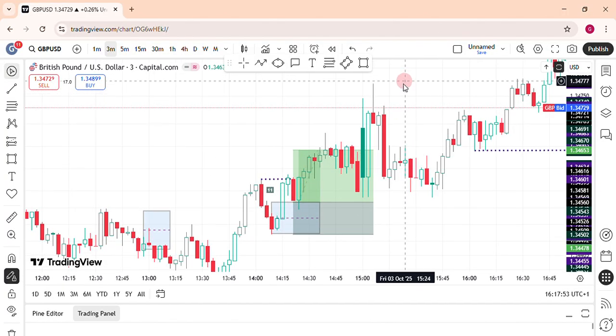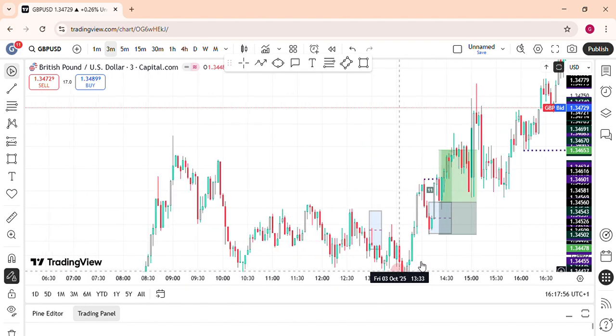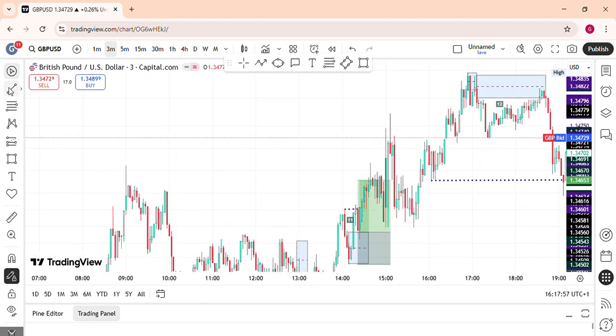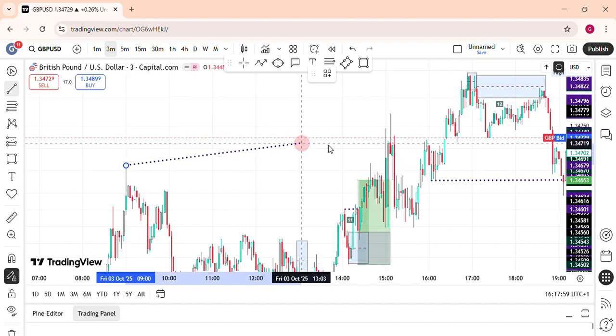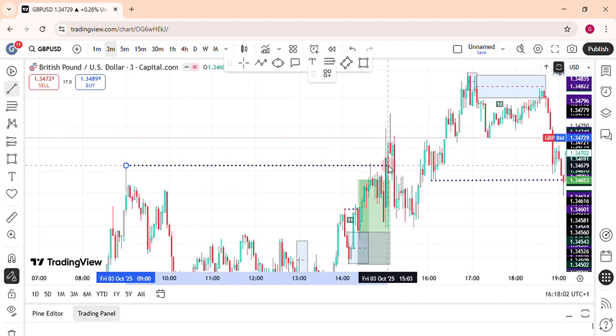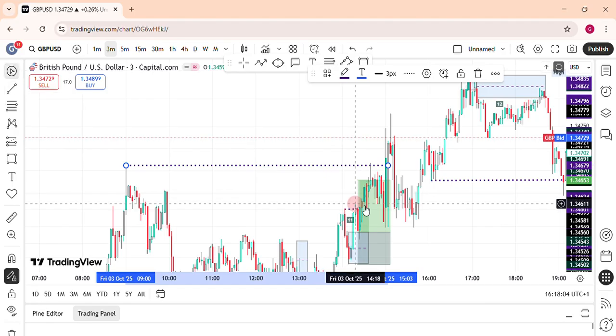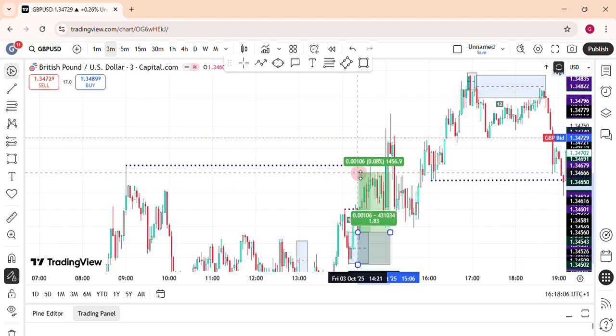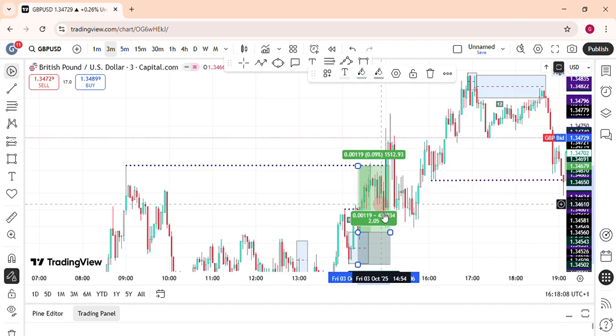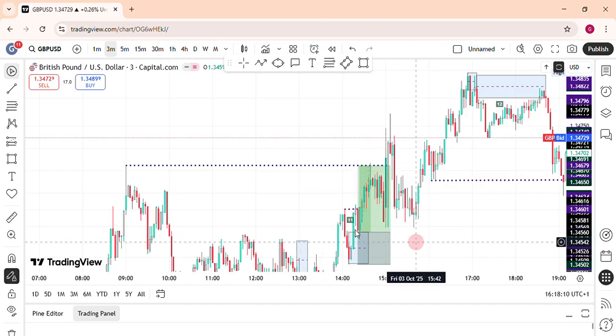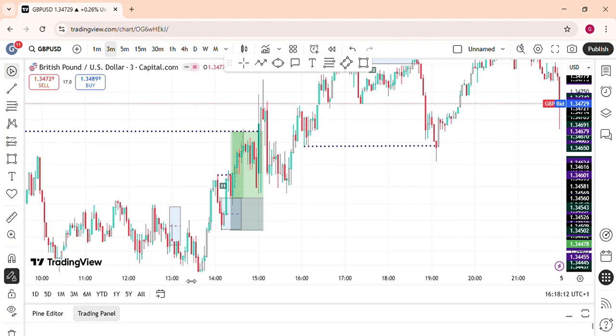Our take profit would be at this one here. So this is where our take profit would be, giving us a 2.05 risk to reward ratio, and that was the first take profit.